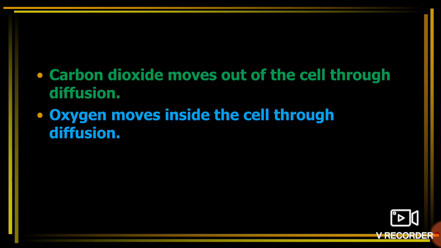I have shown you how we can burn incense sticks, and the fumes of incense sticks spread throughout the room or in a particular area. That is possible because of diffusion. Carbon dioxide moves out of the cell through diffusion and oxygen moves inside the cell through diffusion. All these things are possible because of diffusion. If there is no diffusion, it will not be possible.